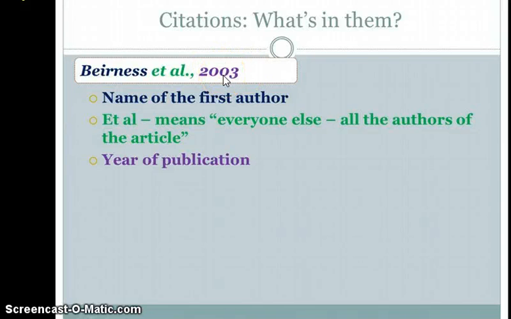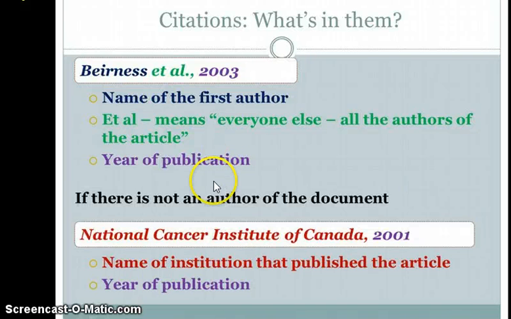And then we have 2003, the year of publication. It's sort of a short reference. Sometimes we don't have an author of a document. Documents that come out of the government or big institutes don't have a specific author. So in that case, they write the name of the institution and again the year of publication.